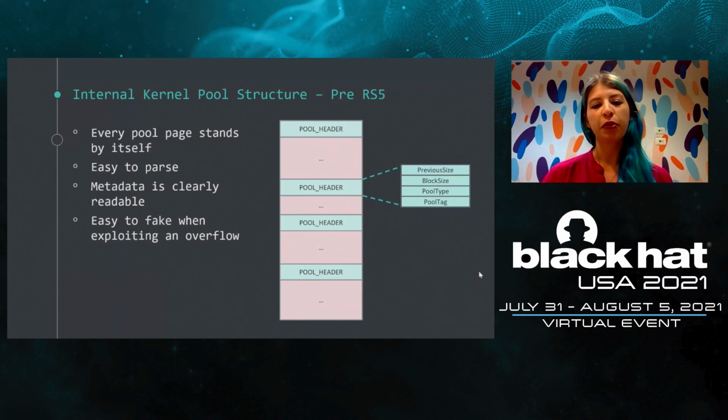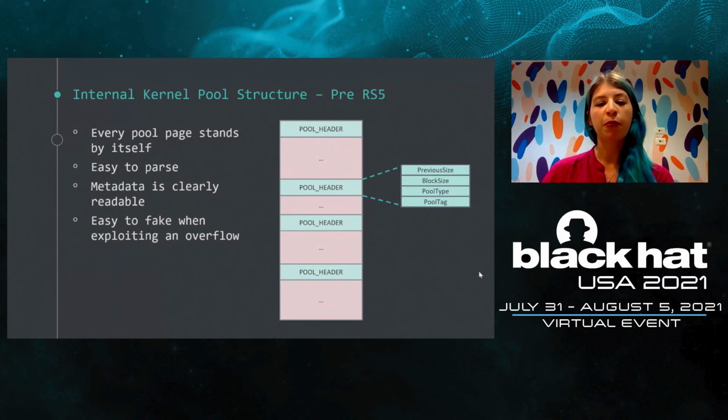Every pool page started with a pool header that had some information about the block size, the previous block size, the type of pool it's in, and a pool tag used to identify the allocation. After each pool header, there was the data. After that, another pool header telling us information about the next block, its size, whether it's allocated or free, etc. Data, another pool header, and so on and so on.